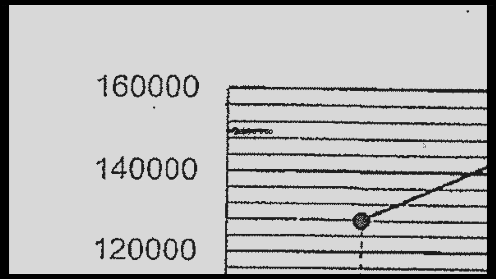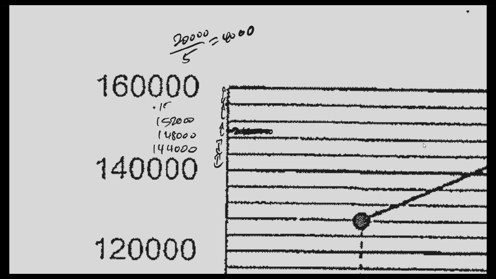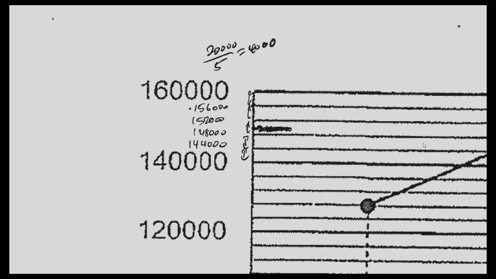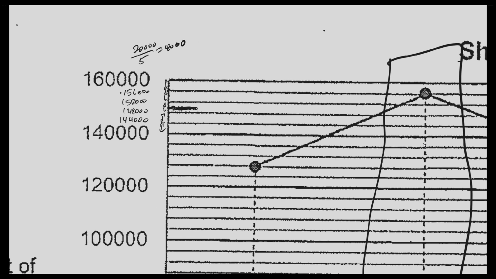And in fact, honestly, this is just trial and error. 1, 2, 3, 4, 5 divisions, 20,000 over 5, it's just 4,000 per division. So this would be 144,000, 148,000, 152,000, 156,000. So what exactly is this value?